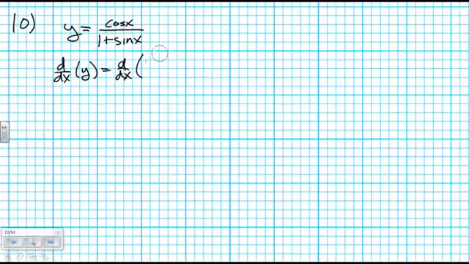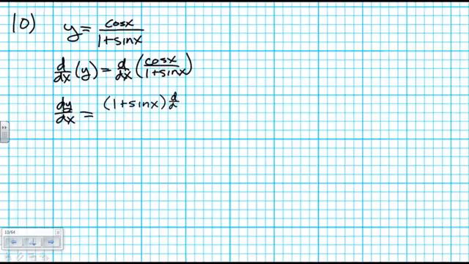I'll get dy/dx on my left-hand side. I'll use the quotient rule for the right-hand side.